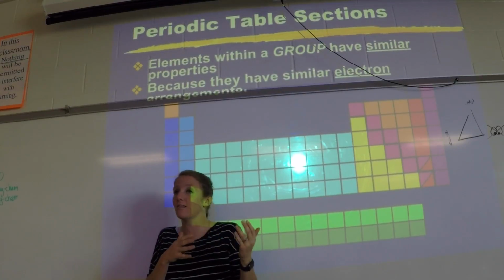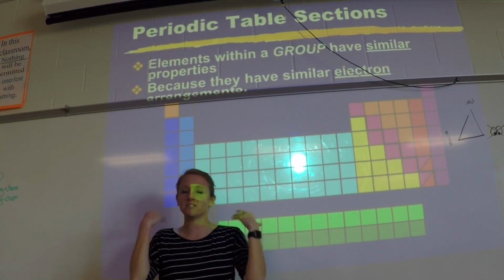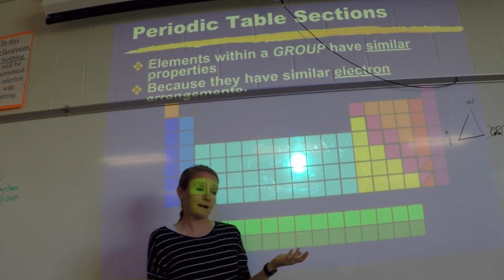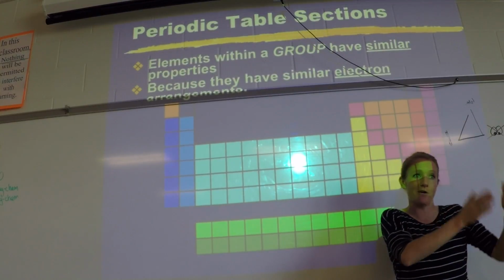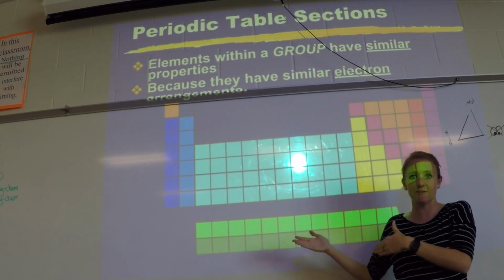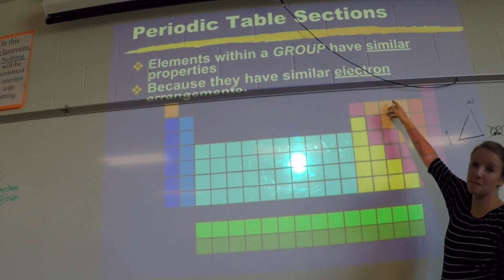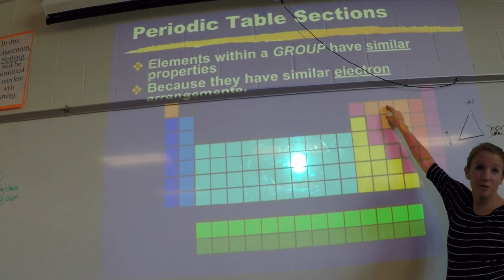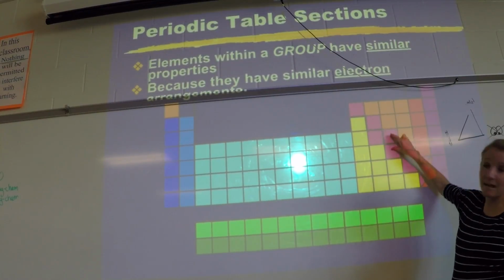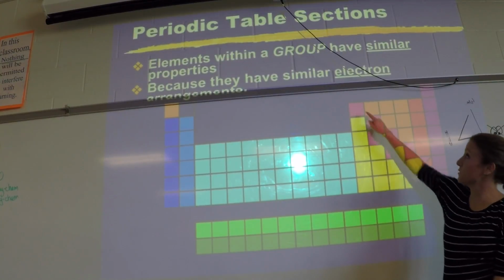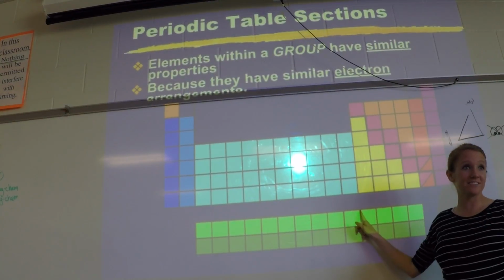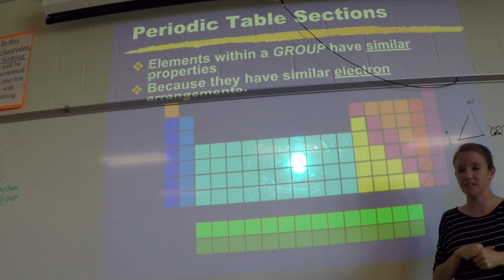And some families are a lot more similar than others, just like I'm sure with your families. Right? I'm sure some of you have a family where you are all the same, just smaller versions of each other. And you might have another family where you and your brother look alike, but you don't really look like your other siblings. Or maybe you're the odd one out of everyone else. Right? So we see that same thing with the elements as well.